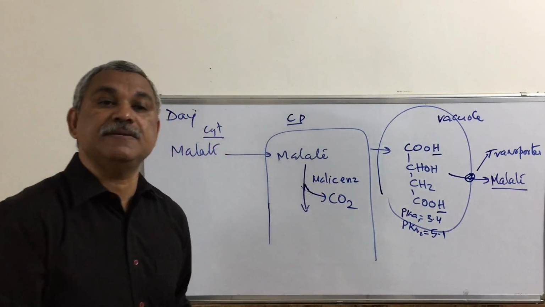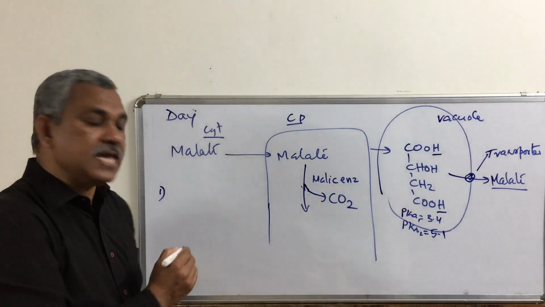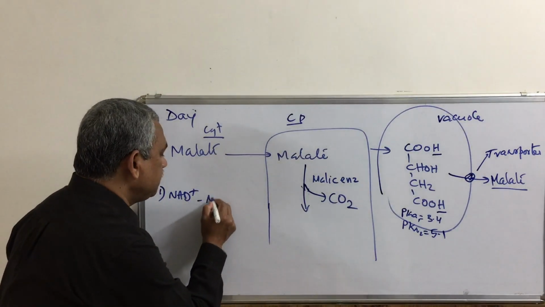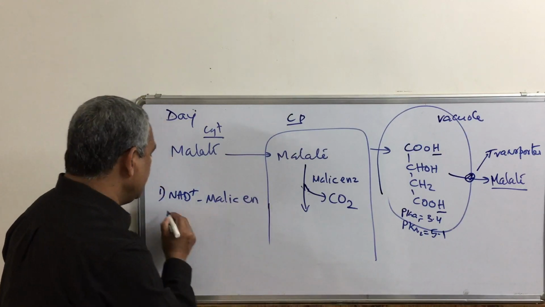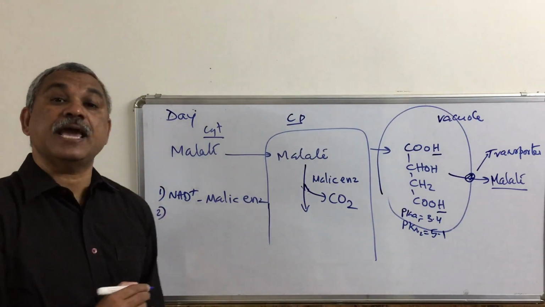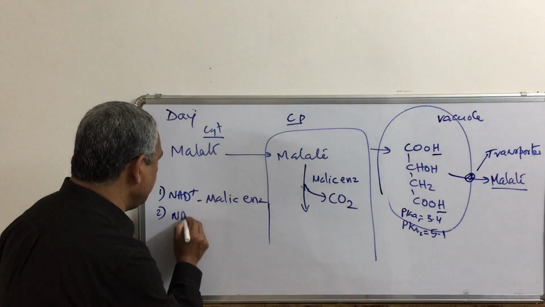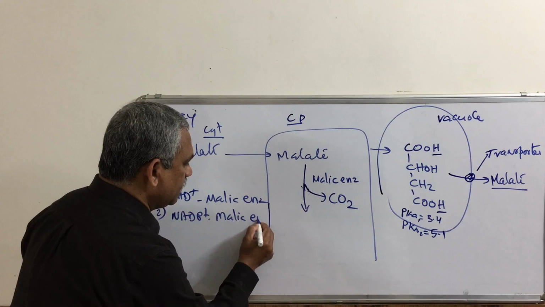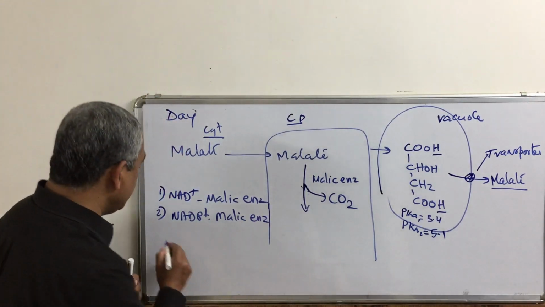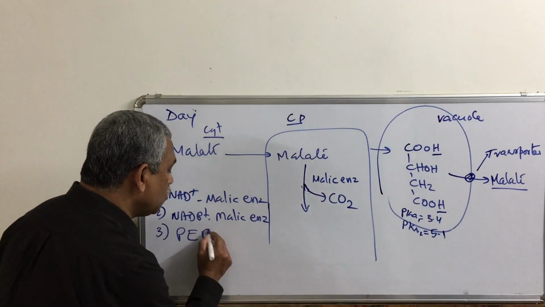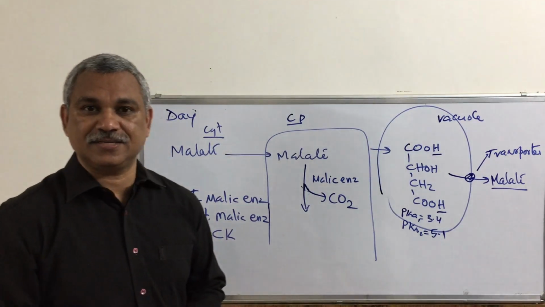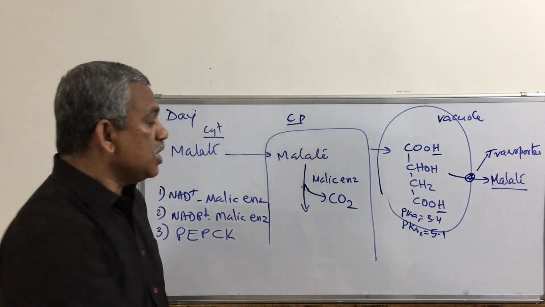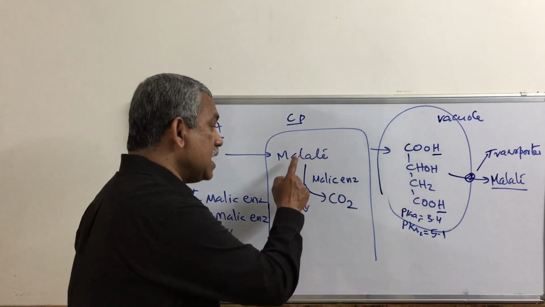The first one is an NAD dependent malic enzyme. The second is NADP plus dependent malic enzyme. And the third one is phosphoenolpyruvate carboxykinase. So different plant species will use one of these enzymes to decarboxylate malate.